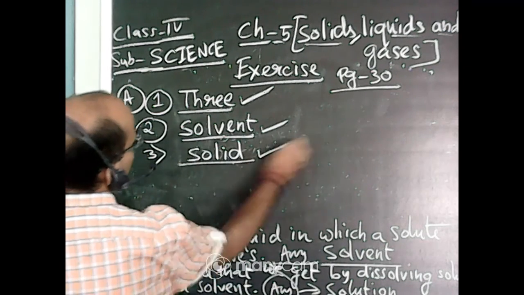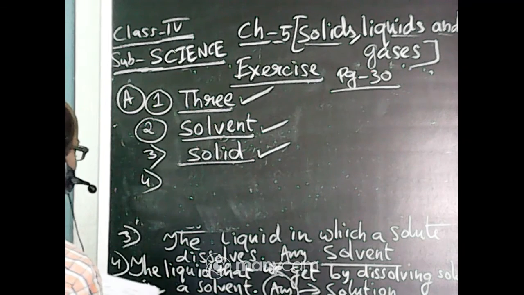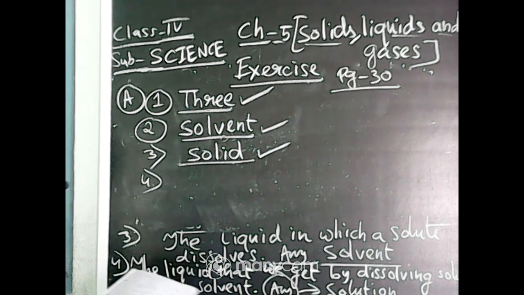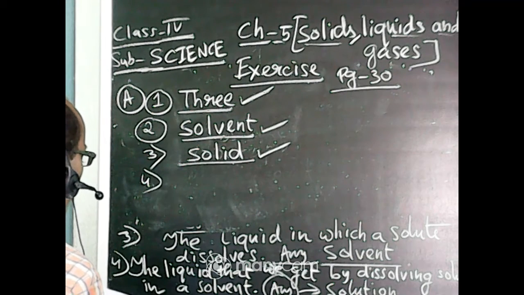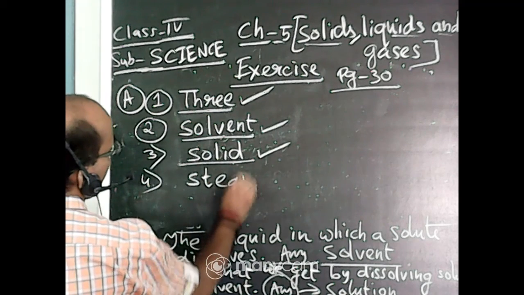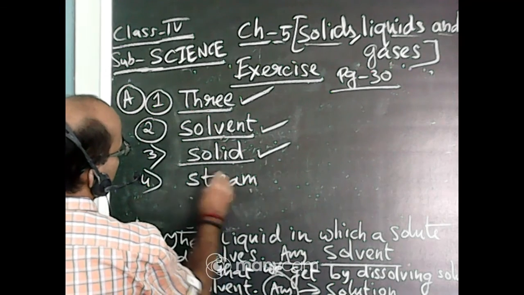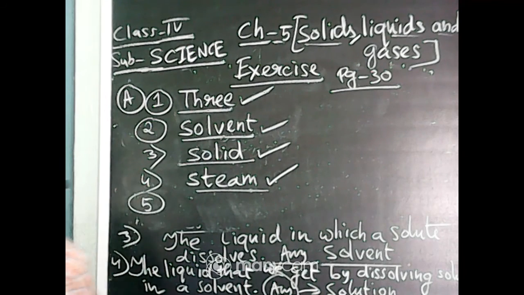Okay. So number 4, next page, see next page. On heating, water changes into steam, ice, solution. Steam. And number 5, sugar is dash in water: insoluble, soluble, floatable. Soluble.